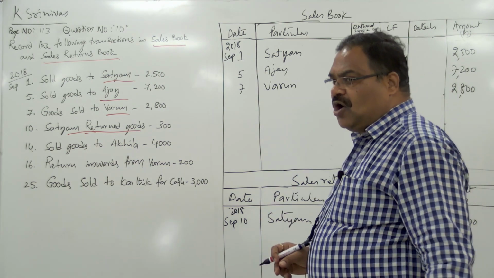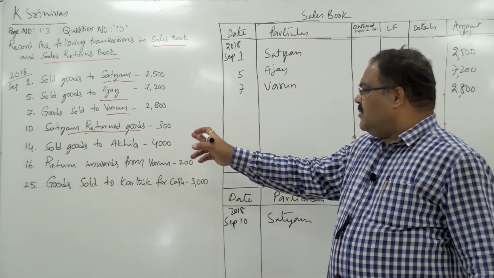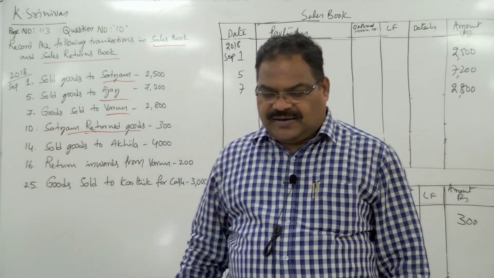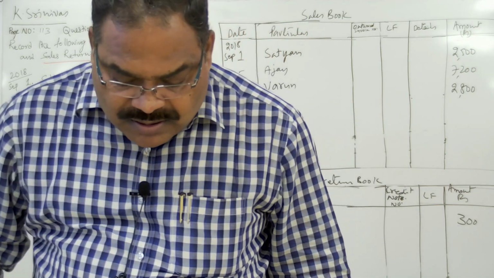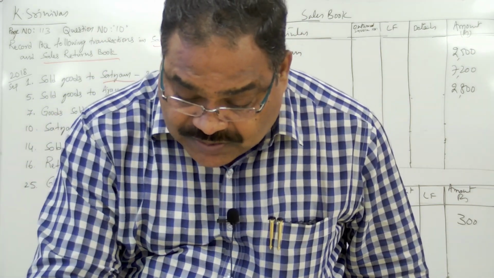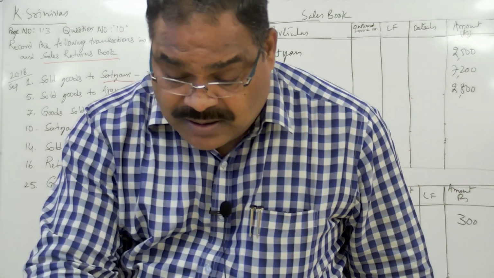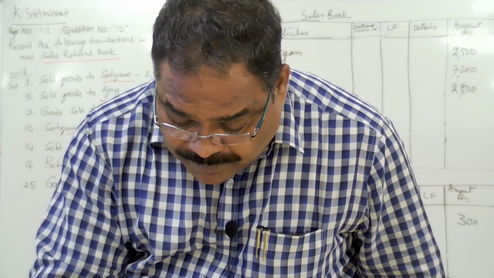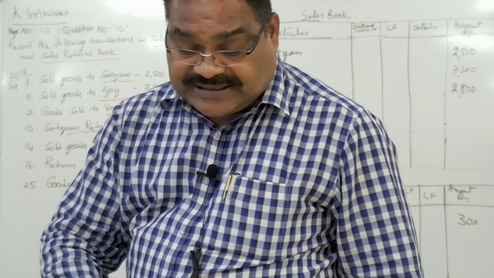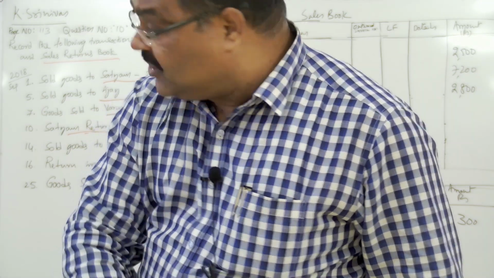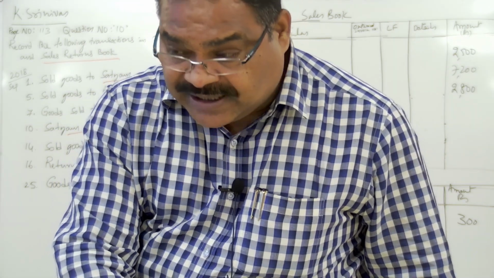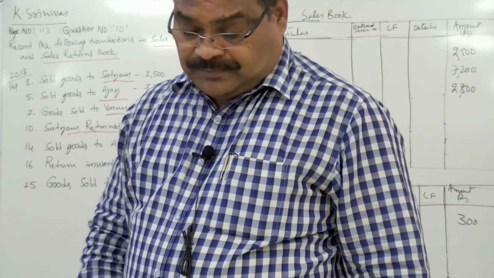You have one small correction here. In the textbook, for the 10th transaction, he has given Satya, but you should make it Satyam. Okay?